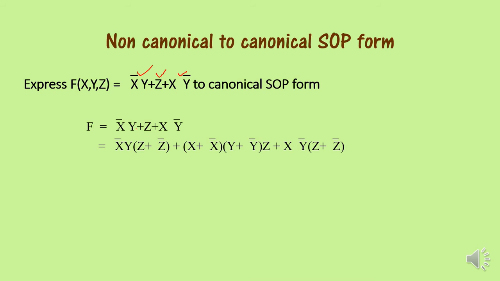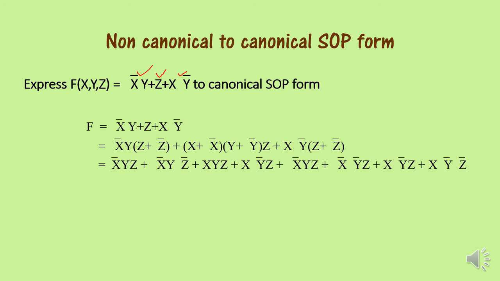Simply multiply these terms and we get x bar yz plus x bar yz bar plus xyz plus xy bar z plus x bar yz plus x bar y bar z plus xy bar z plus xy bar z bar.